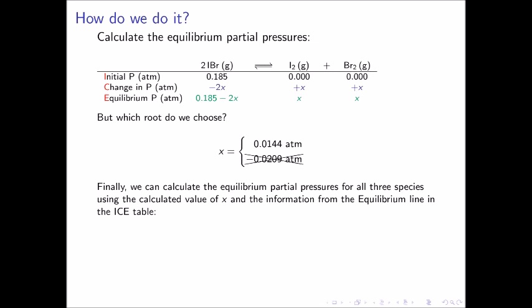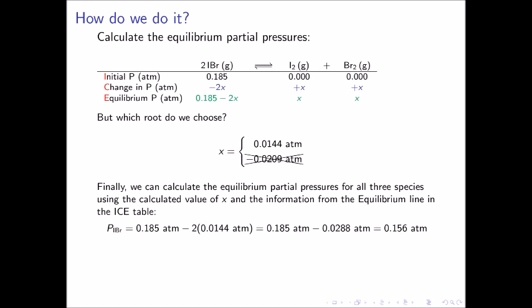We can now use the equilibrium partial pressure row to calculate the equilibrium partial pressures for all three species. We begin with IBr. From the equilibrium partial pressure row, we see that at equilibrium, the partial pressure of IBr is 0.185 atmospheres minus 2 times x, or 2 times 0.0144 atmospheres.